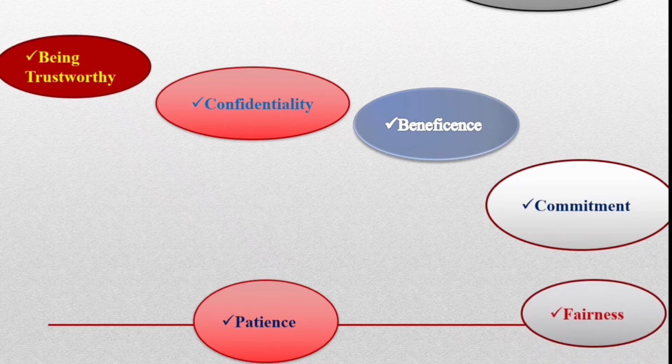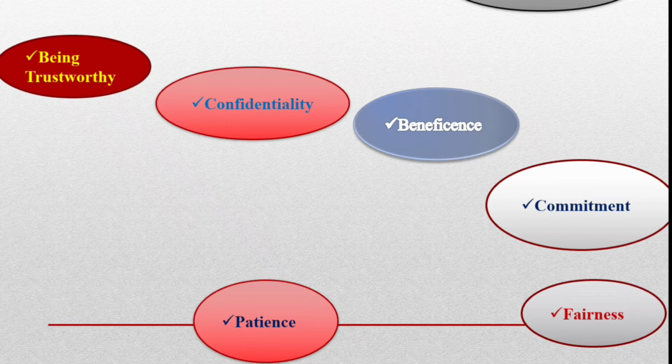Then fairness. The client is treated fairly with the utmost integrity in the therapeutic relationship. Every client is different due to individual differences. Every client is different from each other, on the basis of their personality characteristics.